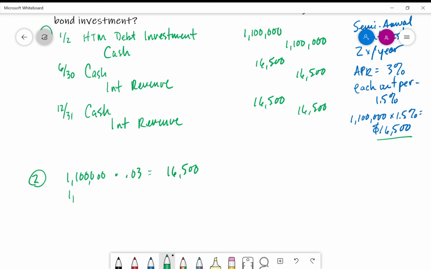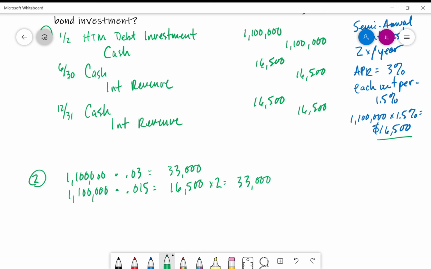Or we could say 1,100,000 multiplied by the interest per period, and since it's semi-annual, twice a year, at 1.5% would be 16,500, and if we're doing that twice per year, we're getting 33,000.